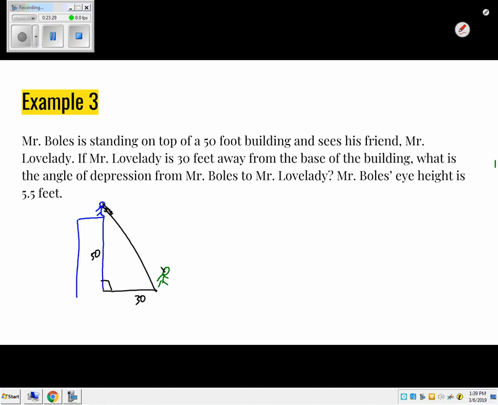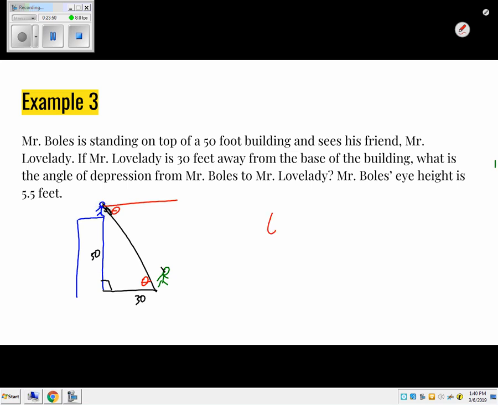Disagree. Angle of elevation, angle of depression has to be made with a horizontal right here. I'm looking for that angle. Alternate interior angles, this is going to be my angle of depression. Make it with the horizontal.